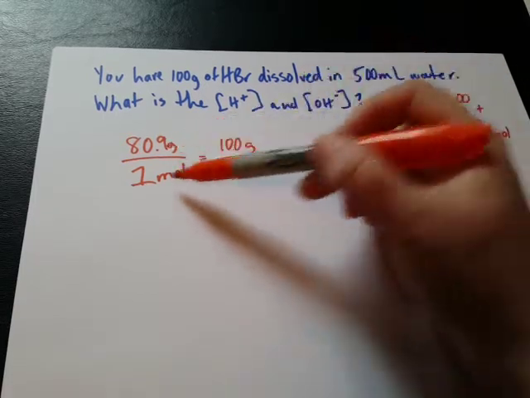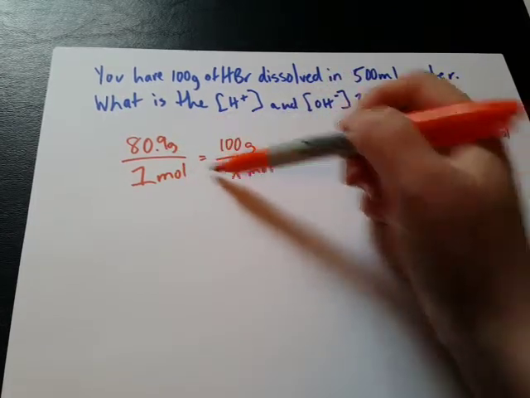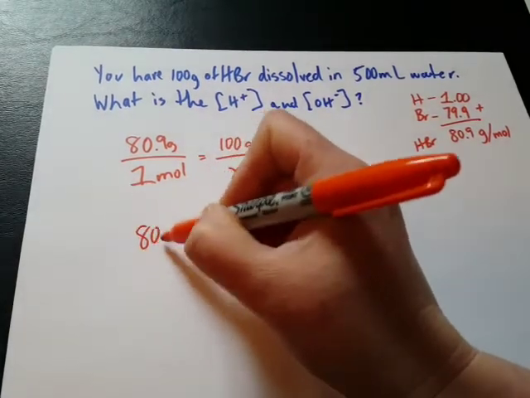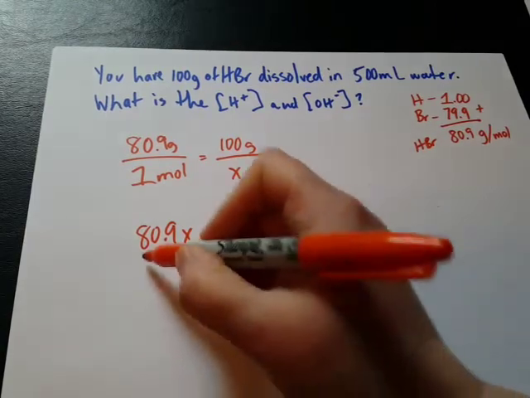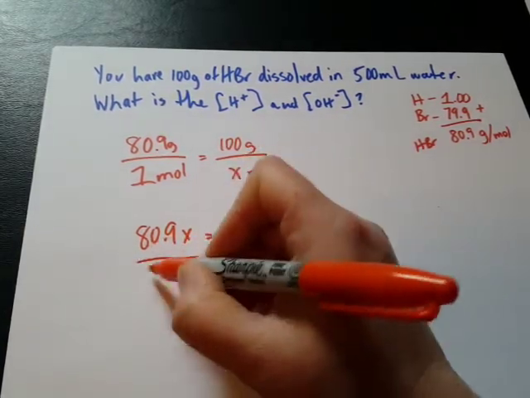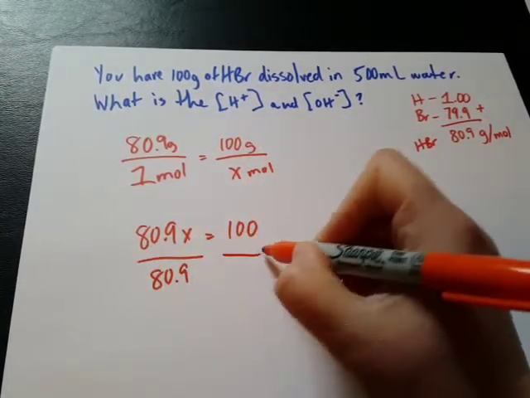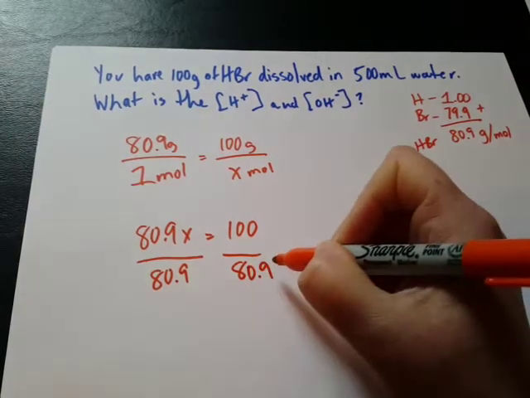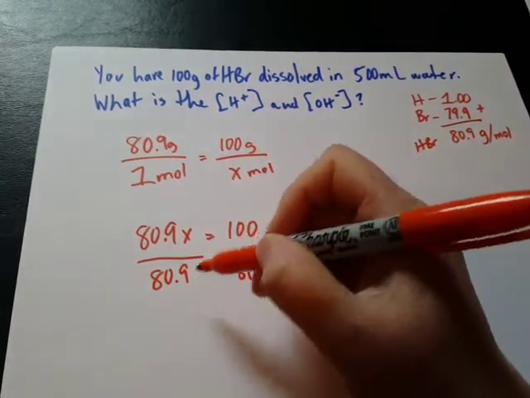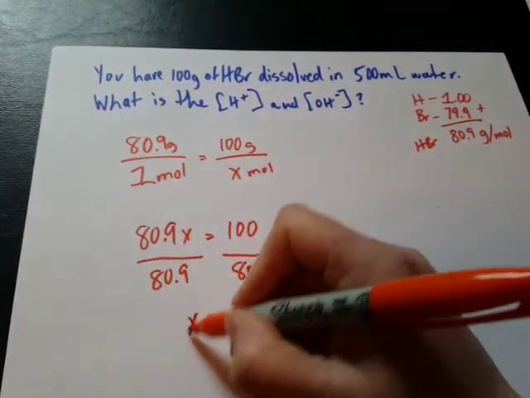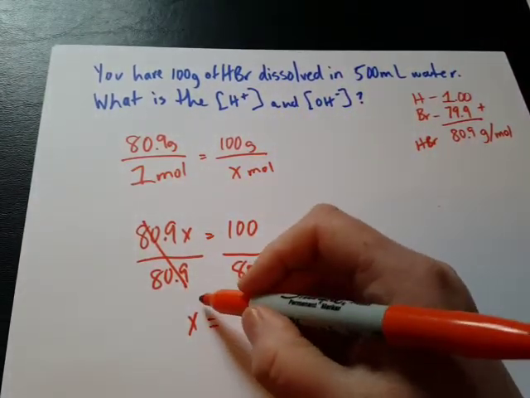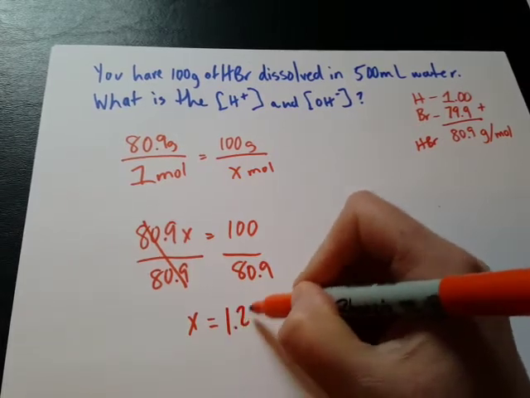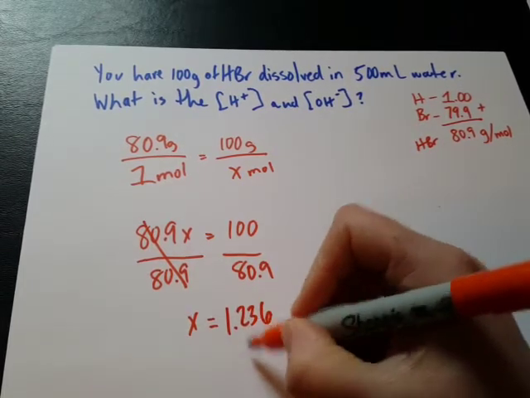I would cross-multiply at this point, so X times 80.9 and 1 times 100, and then divide by 80.9, which would leave me with 1.236 moles.